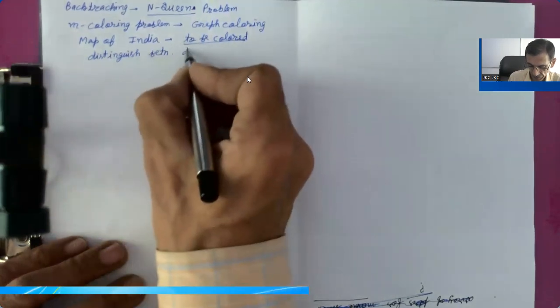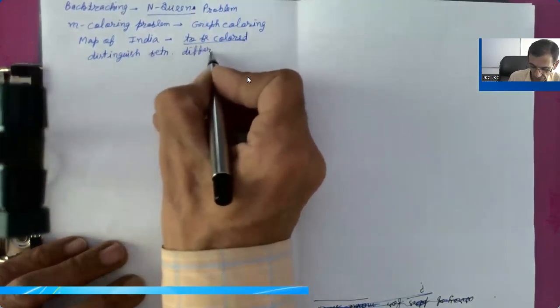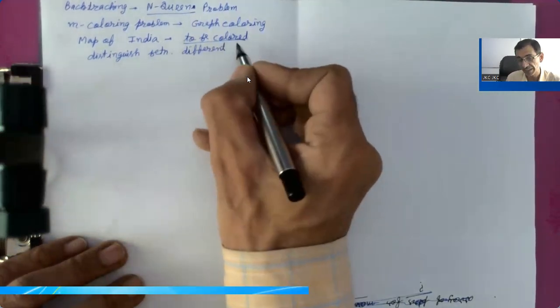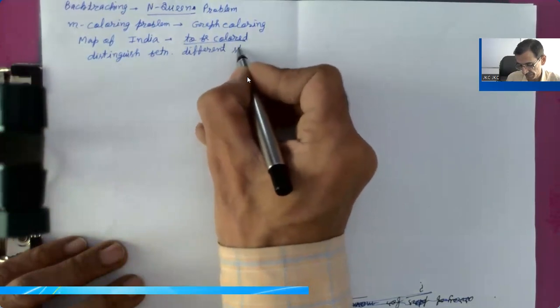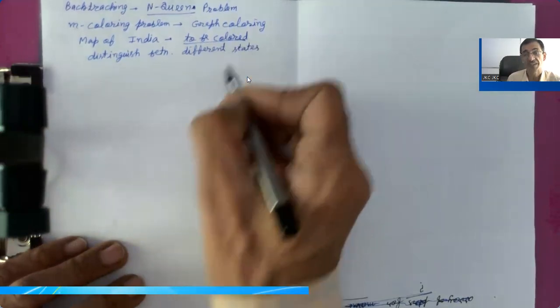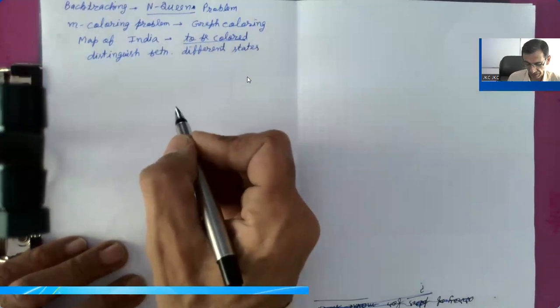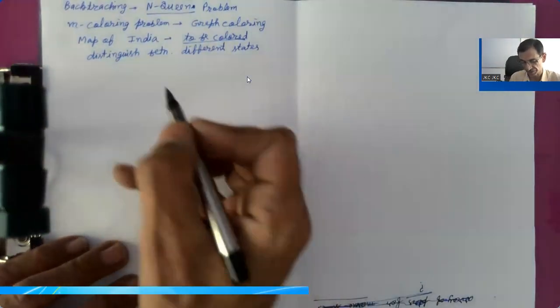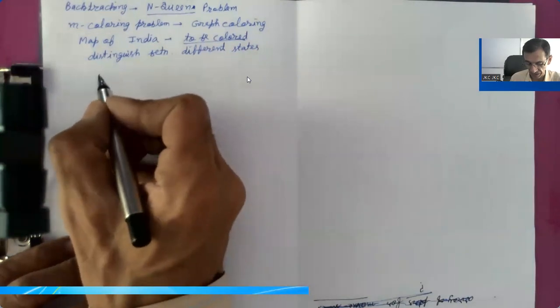So one state was colored in a different color than its adjacent states, so that the boundaries are visible. Similarly, in the world map, you could see continents or countries differently colored.